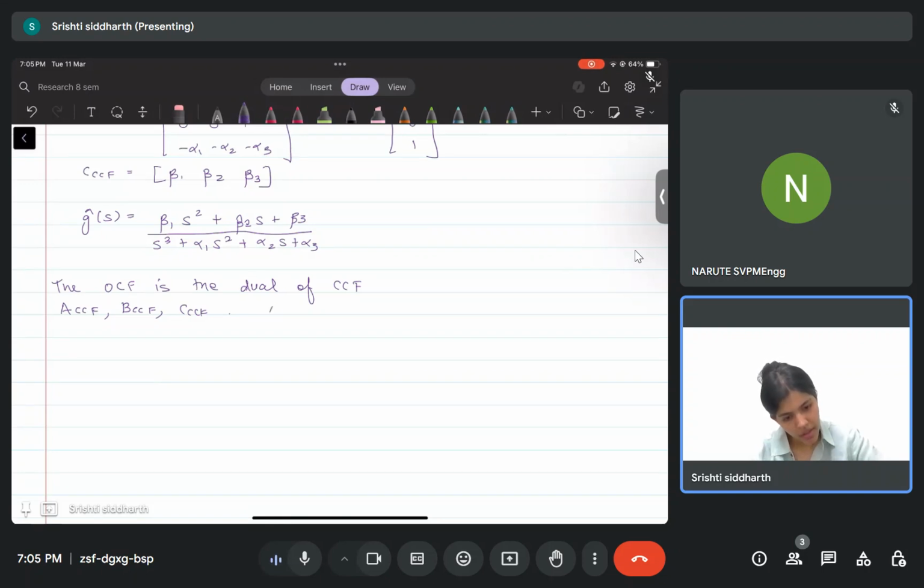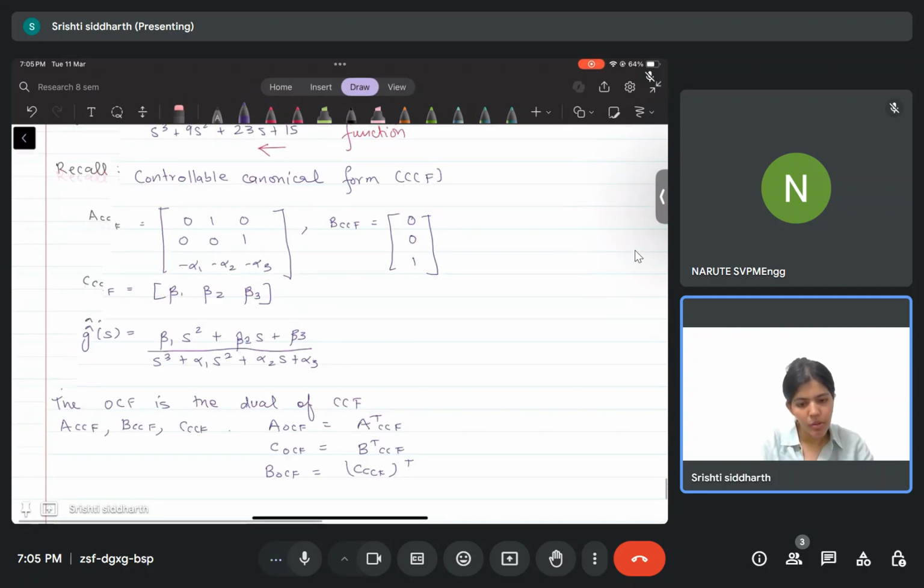The A matrix in observable canonical form is A transpose CCF, C_OCF is B transpose CCF, and B_OCF is C_CCF transpose.